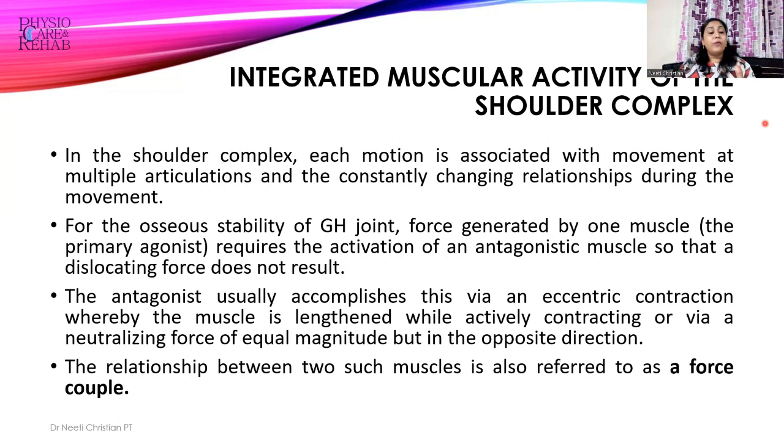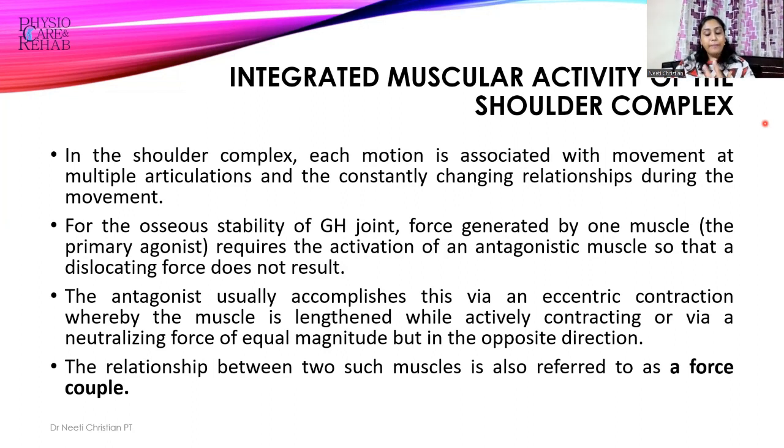So one more time, the agonist muscle is the primary muscle, but at the same time it requires activation of an antagonist muscle in the opposite direction. It is usually accomplished via eccentric contraction, whereby the muscle is lengthened while actively contracting, or via a neutralizing force of equal magnitude but in opposite direction.